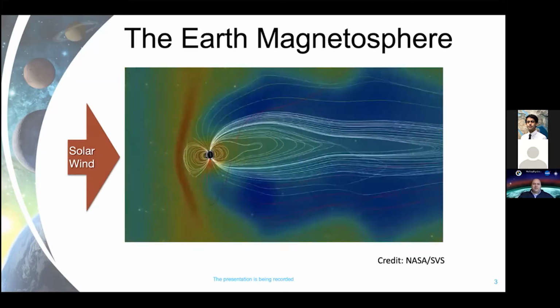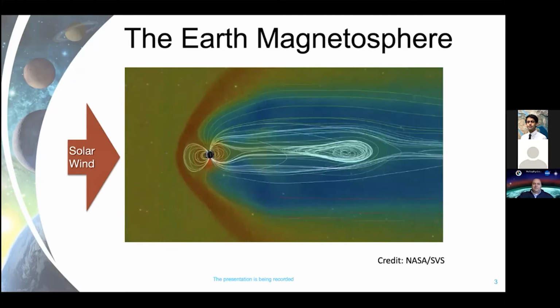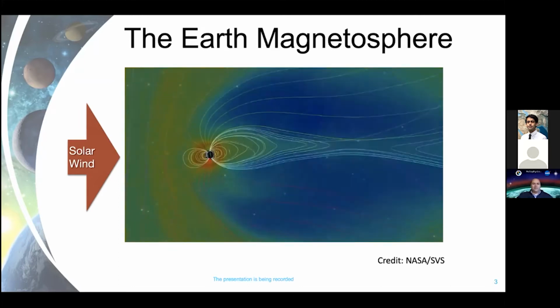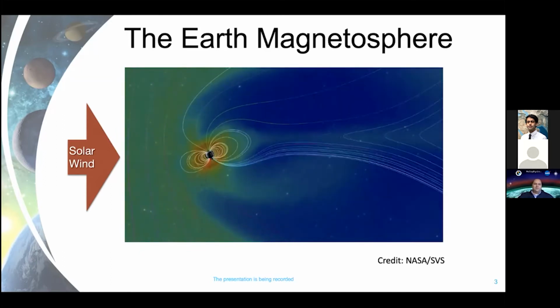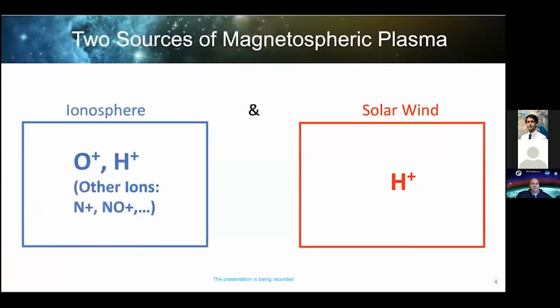What I'm going to talk about is a little bit about the dynamics, but mostly about where the plasma in the magnetosphere is coming from. In the magnetosphere, you have two sources of plasma. You have the solar wind, which is blowing in from the sun constantly and is providing protons to the magnetosphere.